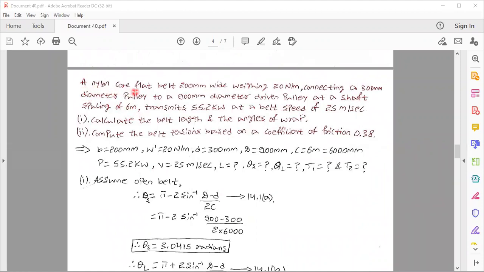A nylon core flat belt, 200 wide, width B is 200, weighing 20 Newton per meter.